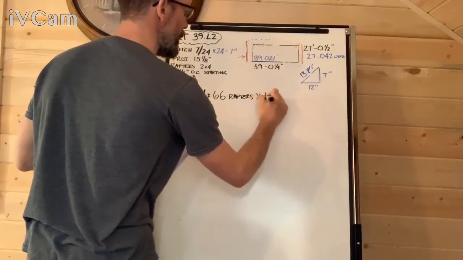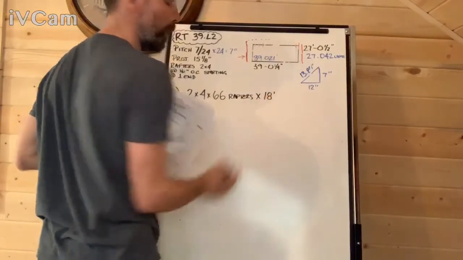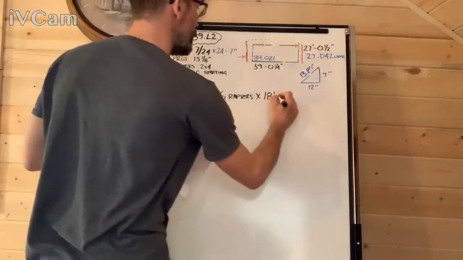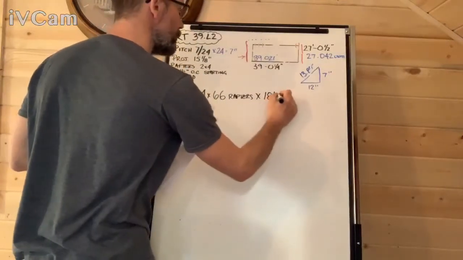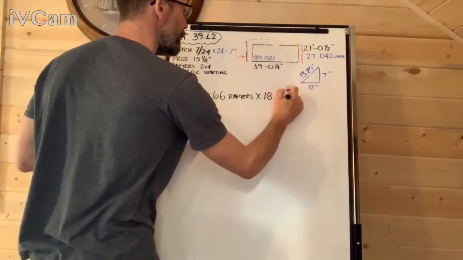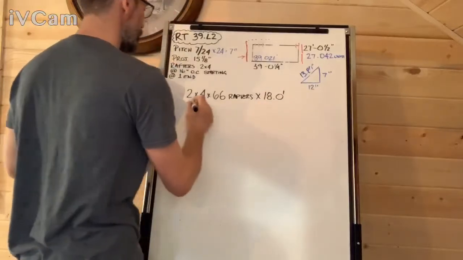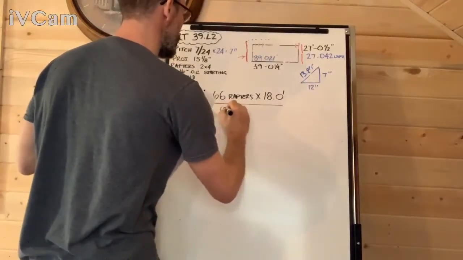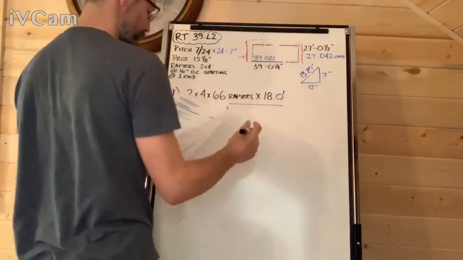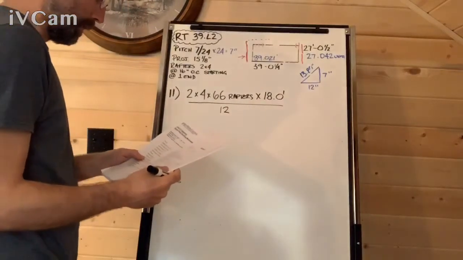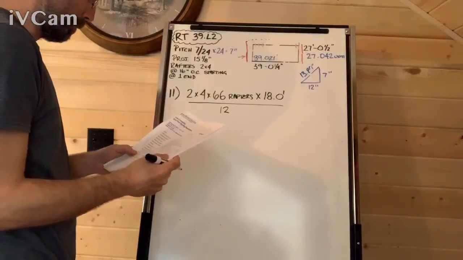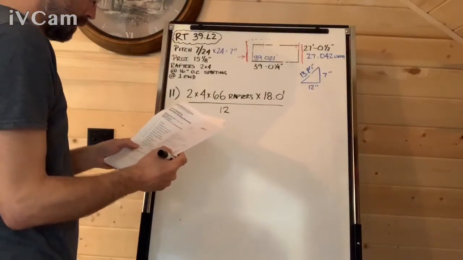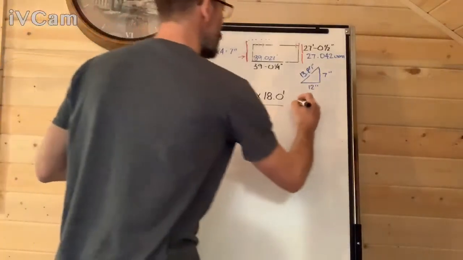Each of them is 18 feet long, 18.0 feet if you wish. And we're going to divide that by 12 to give us our board footage. This will give us an answer of, because I conveniently punched this in, 792 board feet.